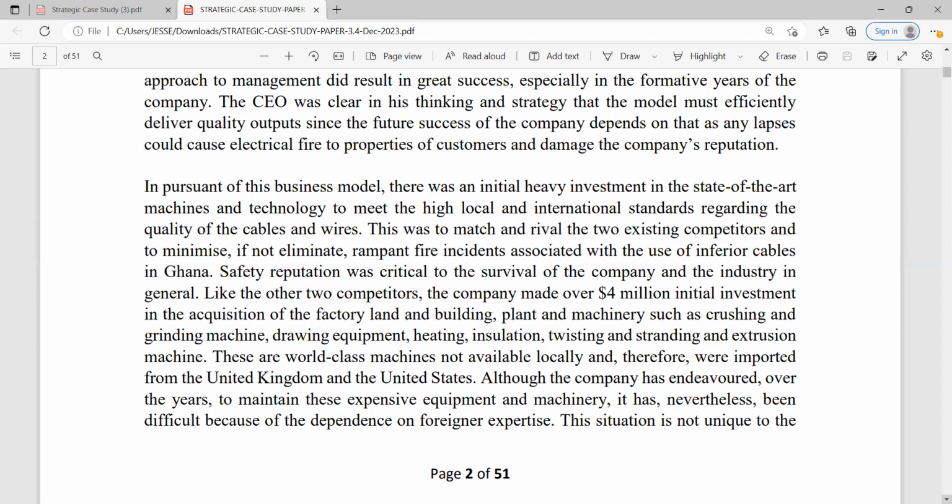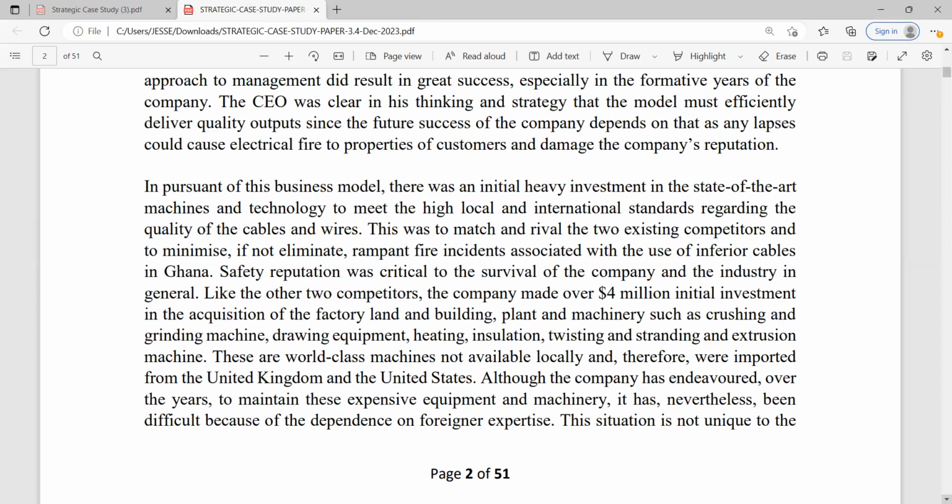So you see, here we are talking about competition and creating good products in order to ensure that it does not cause fire outbreak.